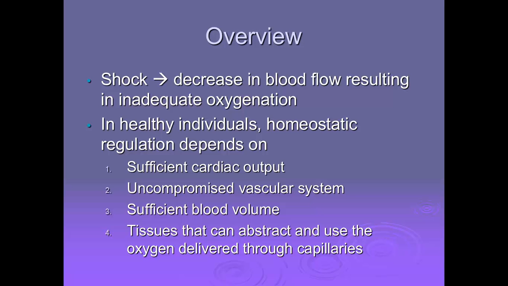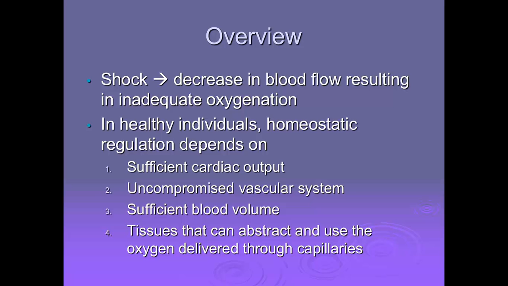In healthy individuals, homeostatic regulation depends upon several things. It depends upon sufficient cardiac output to meet bodily requirements. It depends upon an uncompromised vascular system with good tone, so it can constrict and dilate to maintain normal pressures.